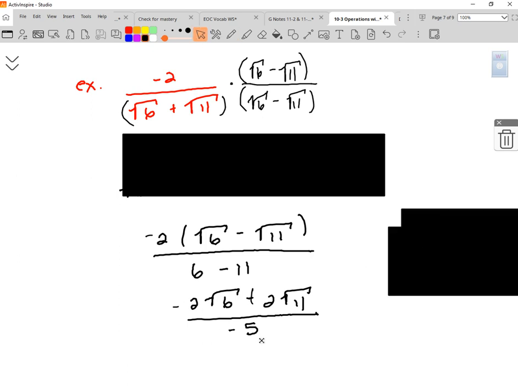Usually they don't want you to keep the negative in the denominator. So if we rewrite this with a positive denominator, we just switch all the signs. So that would be equal to 2 square root of 6 minus 2 square root of 11 all over positive 5.